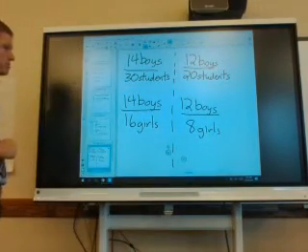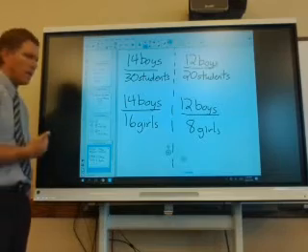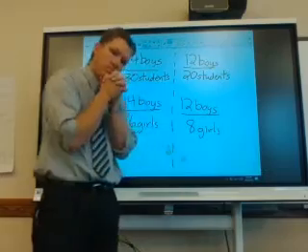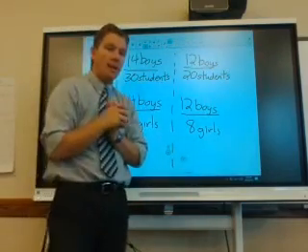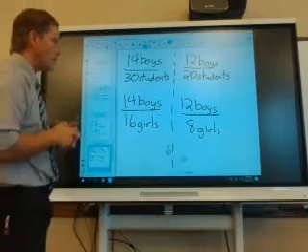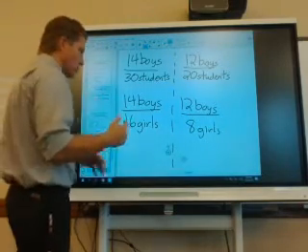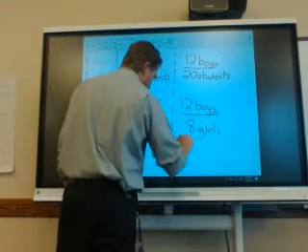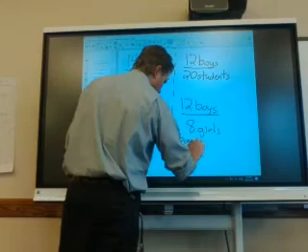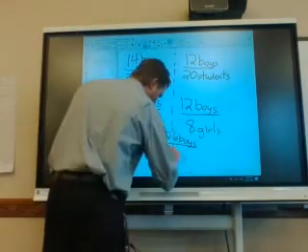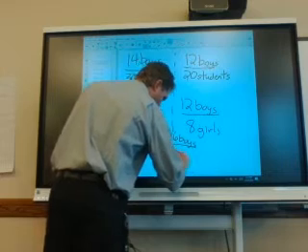Okay? As I'm looking at this setup, if I were to combine these two groups, okay, combining two groups means that I'm adding them. I'm going to get a new ratio. I'm going to get 26 boys to 24 girls.